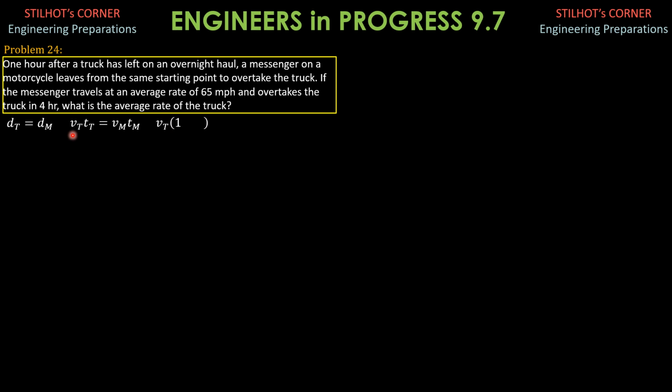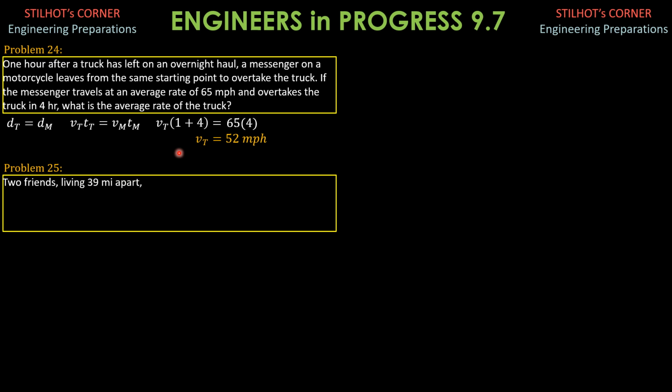So V of the truck times 1 plus 4 hours, that's the travel time of the truck, because it was 1 hour after the truck left on an overnight haul that the messenger leaves the same starting point to overtake the truck. So that equals 65 times 4. So this is 5, so 65 divided by 5 times 4. 65 over 5 is 13 times 4, so 52 miles per hour. That's the average rate of the truck, or average speed of the truck.